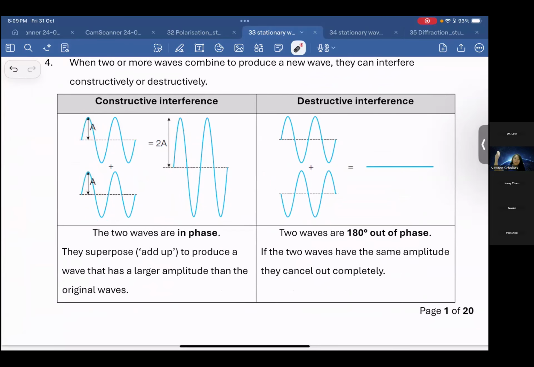A trough meeting another trough, you will get a bigger trough, 2A, 2 amplitude. So overall, can you see that the new wave you generate becomes a bigger one? Add it up together, become a bigger one. This is called constructive. Destructive is what? My crest meets with a trough. An A meets a negative A. So at the end, you get 0.